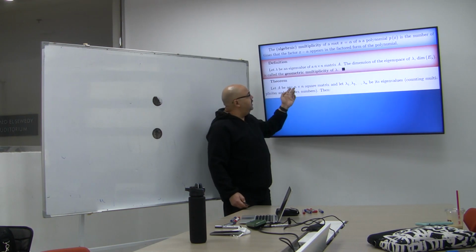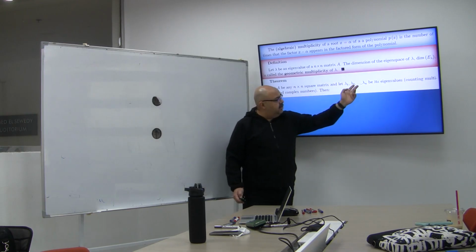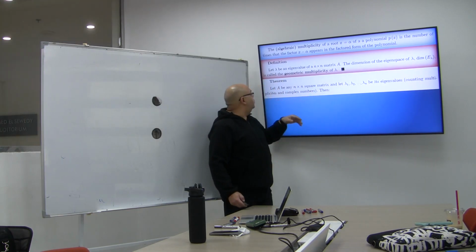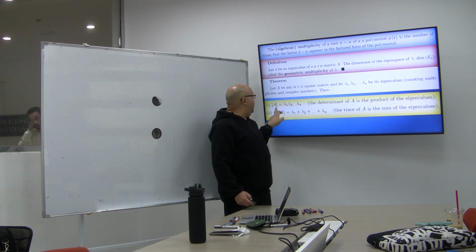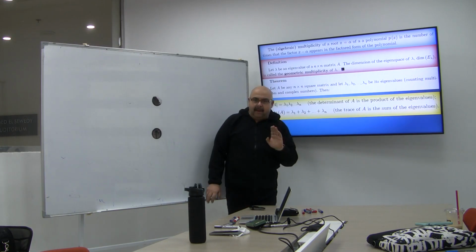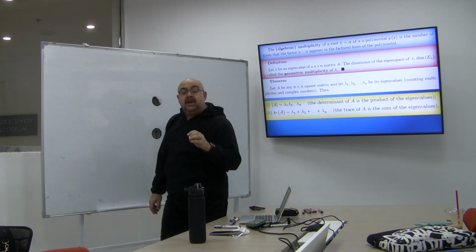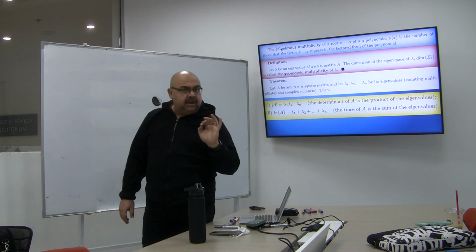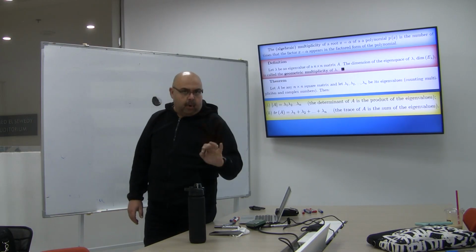Let A be an n by n square matrix, and those are the eigenvalues, counting multiplicity and complex numbers. Then we will have two important propositions, and probably these propositions are important. You may have problems targeting these two special points.